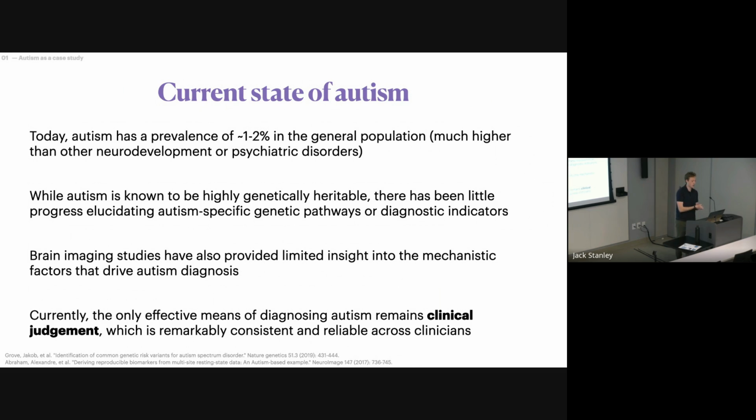Brain imaging studies have also not provided very much insight into the actual biological factors that drive autism diagnosis. So currently, the only effective means of diagnosing autism is still clinical judgment, which I'll just say has been remarkably consistent and reliable across clinicians for several decades.